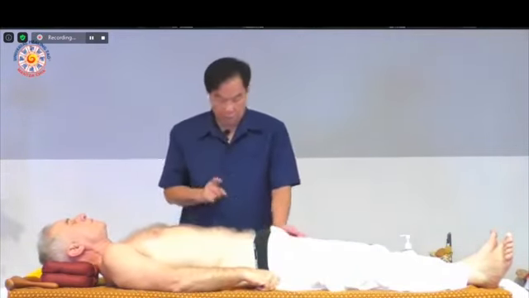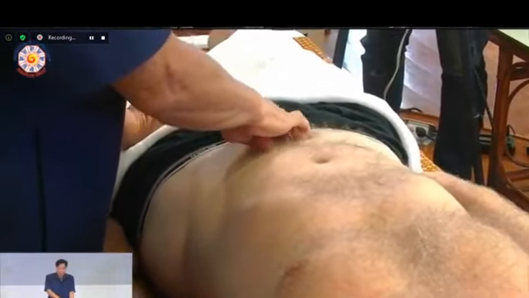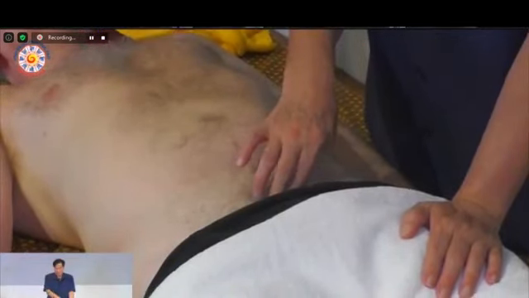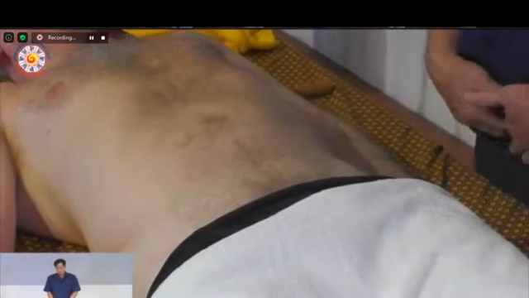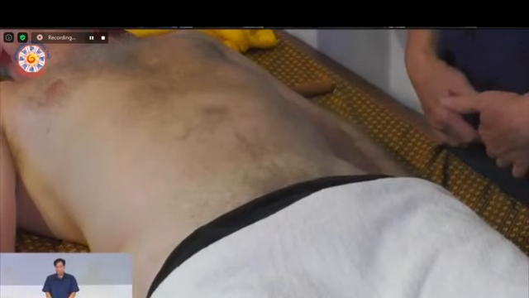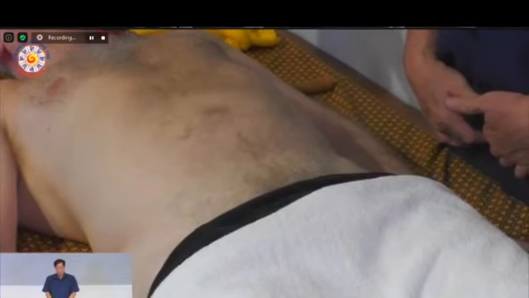So now we need to find the pubic bone. That is the landmark that we use a lot in the hip, the inguinal.